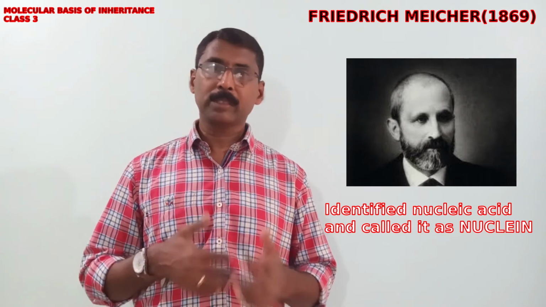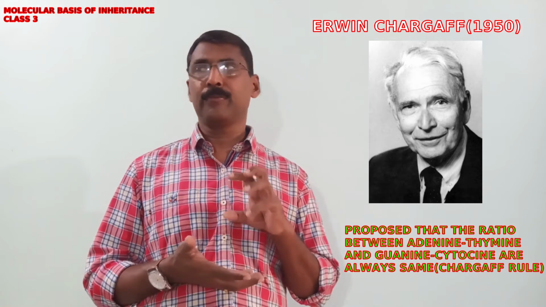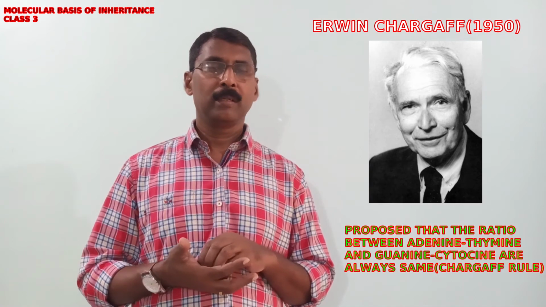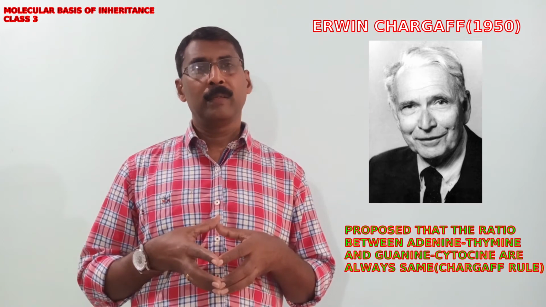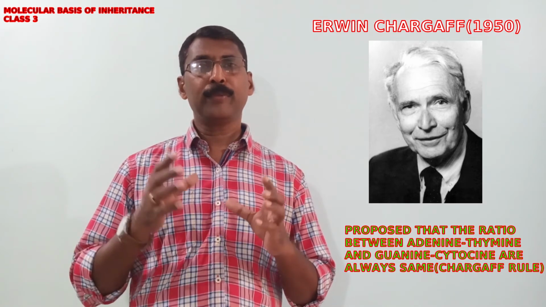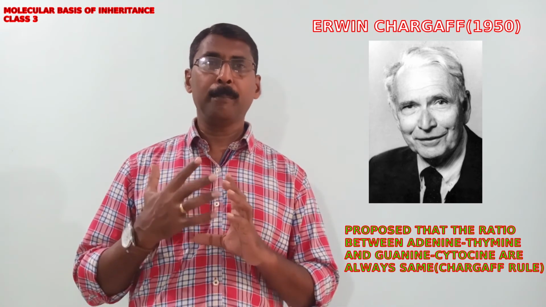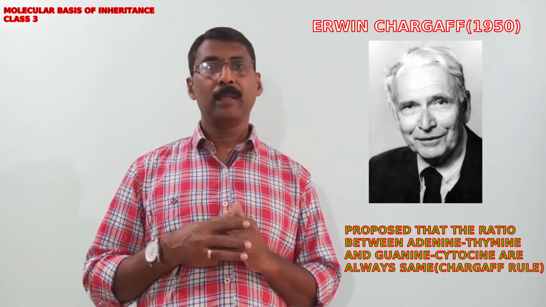And investigations went on, studies went on, and in the year 1950, a scientist, Erwin Chargaff, proposed that there is a definite proportion between the number of adenine, thymine and guanine, cytosine in the DNA.